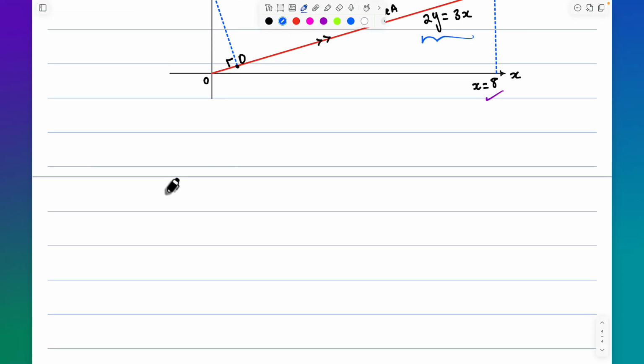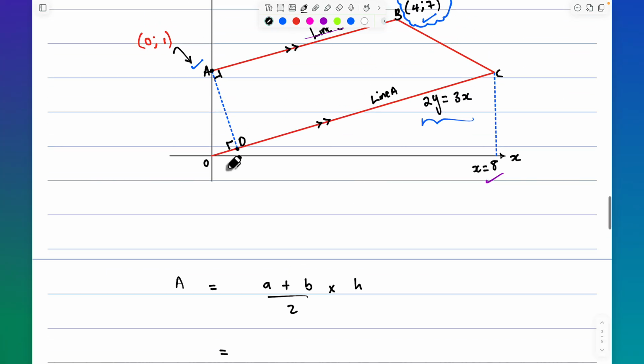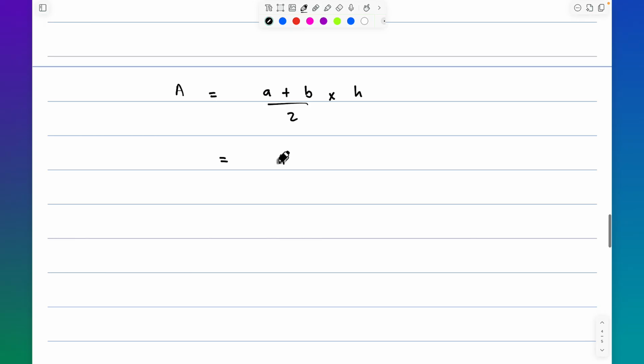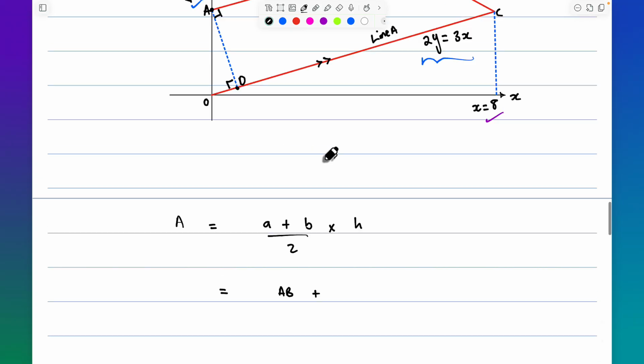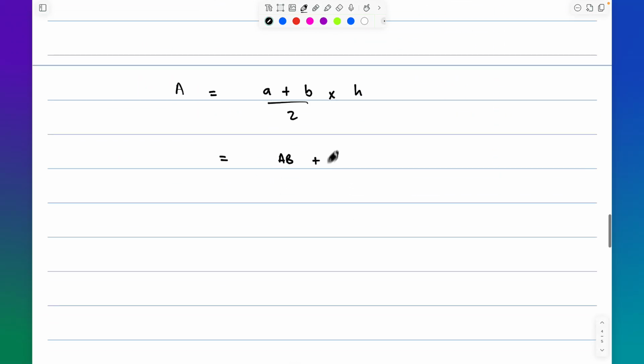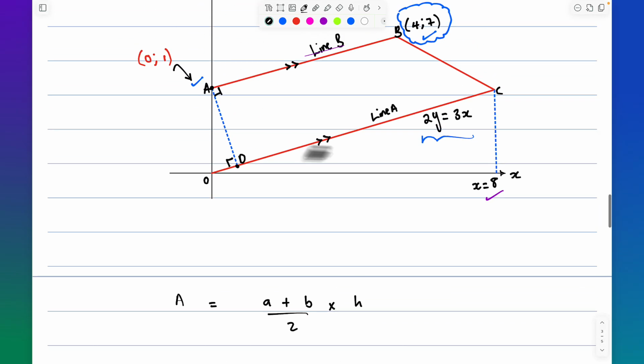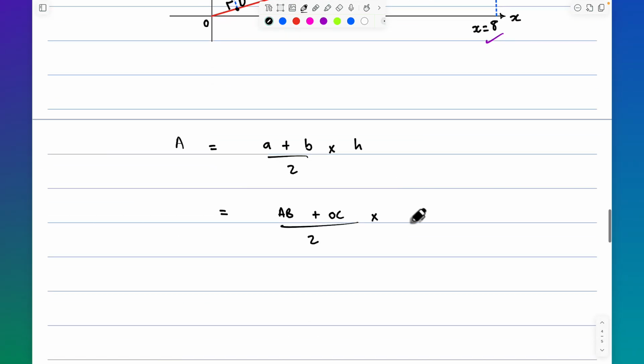So the equation becomes: area is equal to, I'm going to rewrite the equation, A plus B divided by 2 multiplied by perpendicular distance. Your A is line AB. Your B is line OC. You divide that by 2. You multiply it by h, which is line AD.